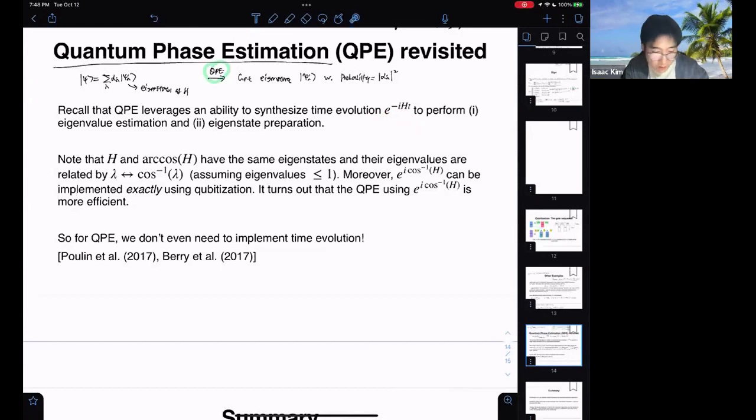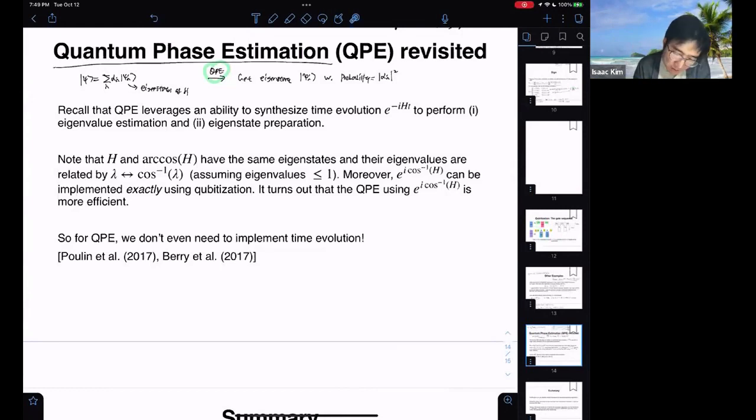I told you that this has lots of applications, including eigenvalue estimation, which is energy estimation in this case, and also eigenstate preparation. And I believe I also said that the better you can do Hamiltonian simulation, the better the quantum phase estimation will be. That's certainly true. But because of this development in qubitization, a new shortcut was discovered to perform quantum phase estimation.